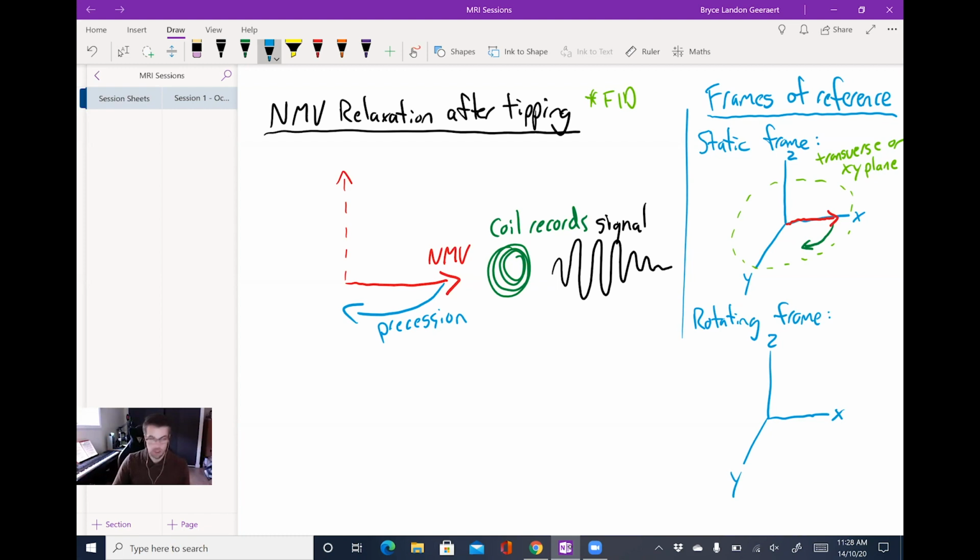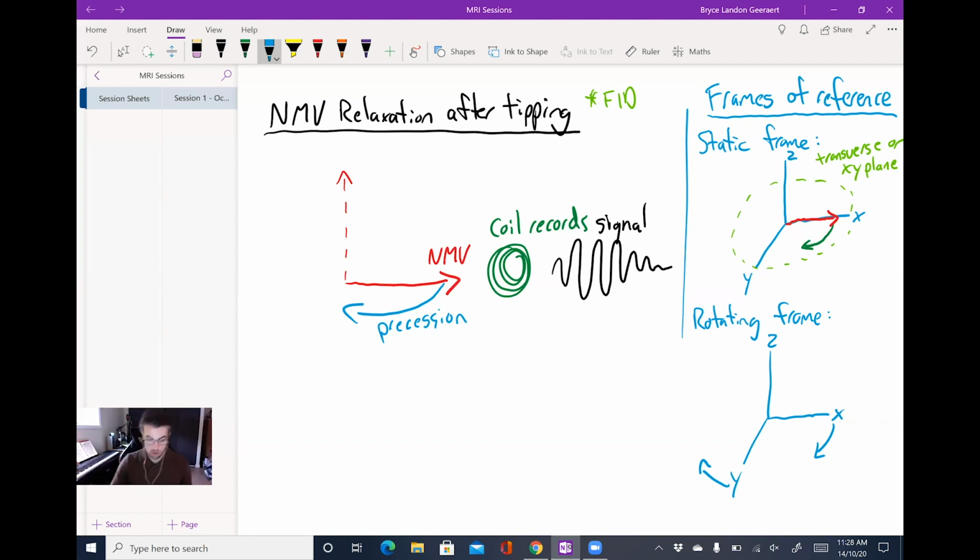So that'd be represented in this graphical example. The X and Y axes are actually spinning, whereas the Z axis is static, still always oriented in the same direction. And now we have the two arms of our axes that are my arms in this video, and they're moving in the same direction as the NMV.